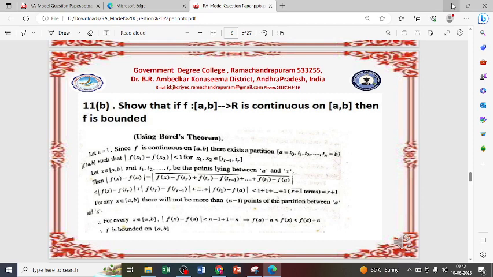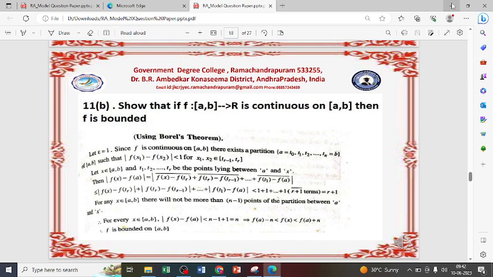What I am going to do is take the difference between the value of the function at x and the value of the function at a. That means the numerical difference |f(x) minus f(a)| equals. In this difference, I subtract f(tr) and add f(tr), subtract f(t(r-1)) and add f(t(r-1)), and so on, minus f(t1) plus f(t1), and finally minus f(a).